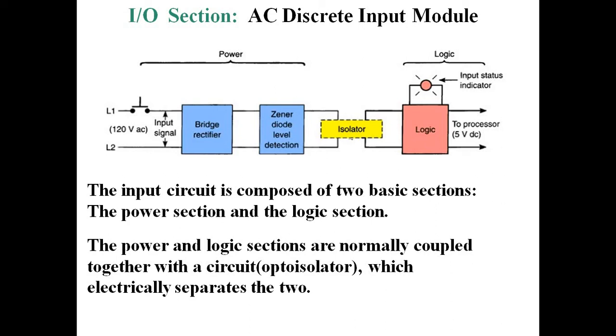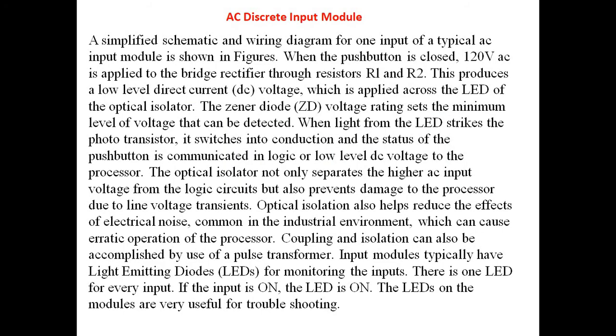The input circuit is composed of two basic sections, the power section and the logic section. The power and logic sections are normally coupled together with an optical isolator, which electrically separates the two.